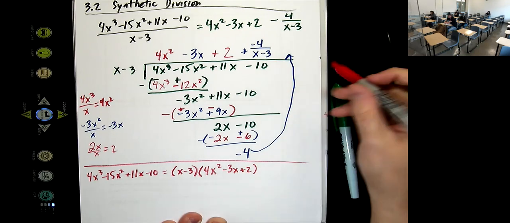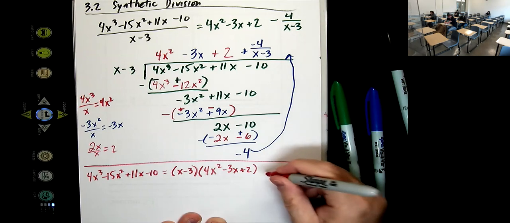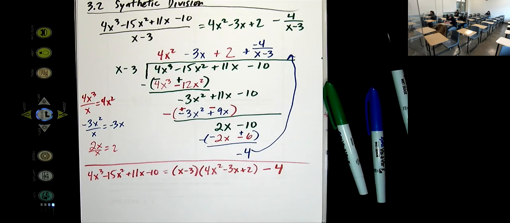But it's pretty easy to multiply by the remainder, right? That is actually pretty handy.